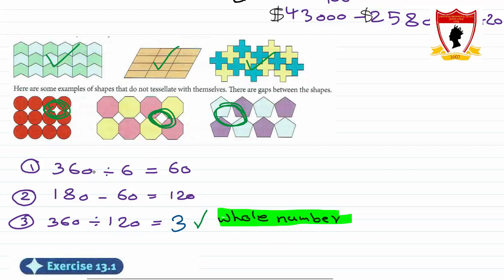Because when you divide 360 by 8, you get 45. Then 180 minus 45 gives you 135. And the third step, 360 divided by 135, gives you a decimal number, 2.666. It means octagon cannot be tessellated.